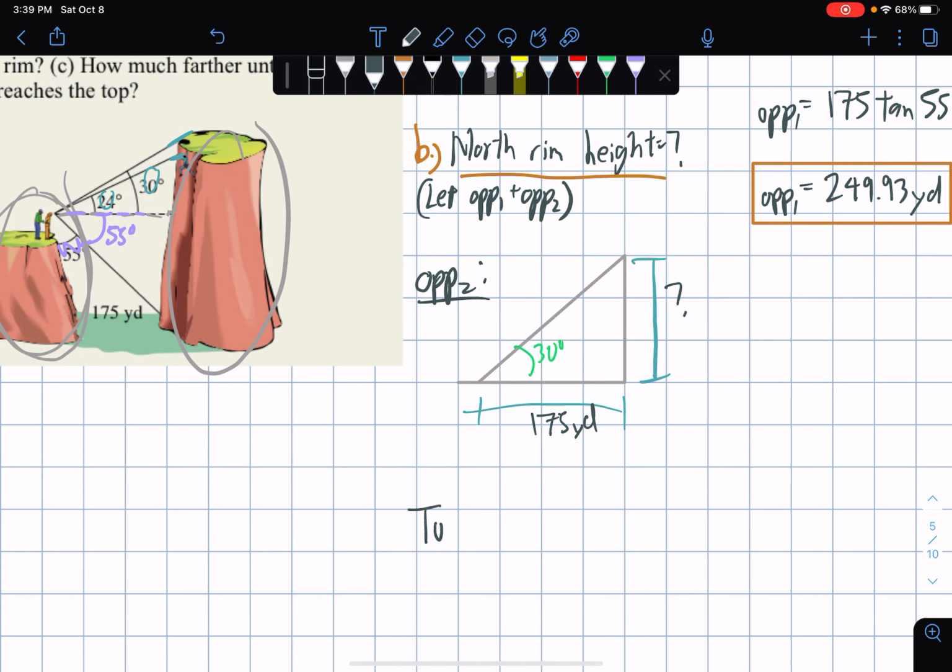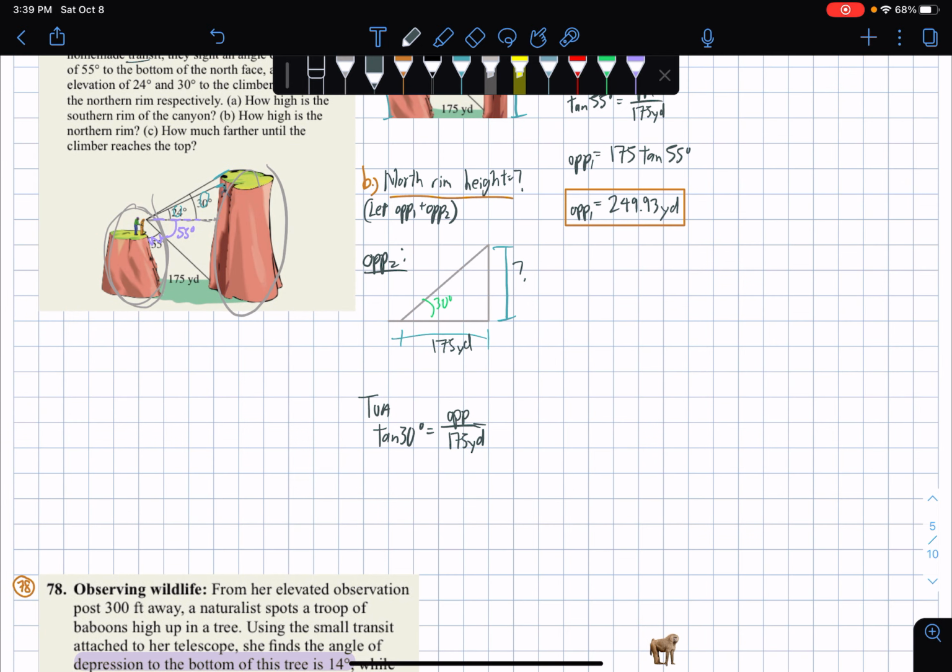Okay, TOA, such that tangent 30 degrees is equal to the opposite over the adjacent. The opposite side is equal to 175 tangent 30 degrees. Let's see the value of that one. 175 tangent 30, we get 101.04 yards.